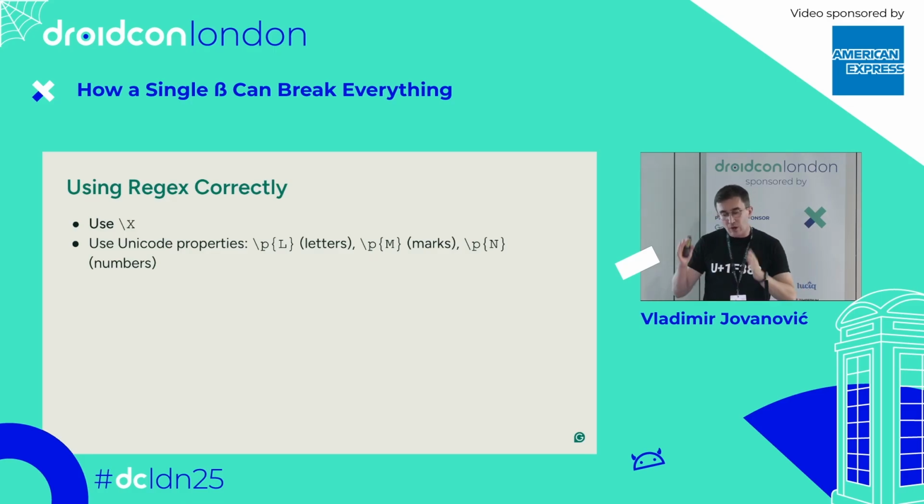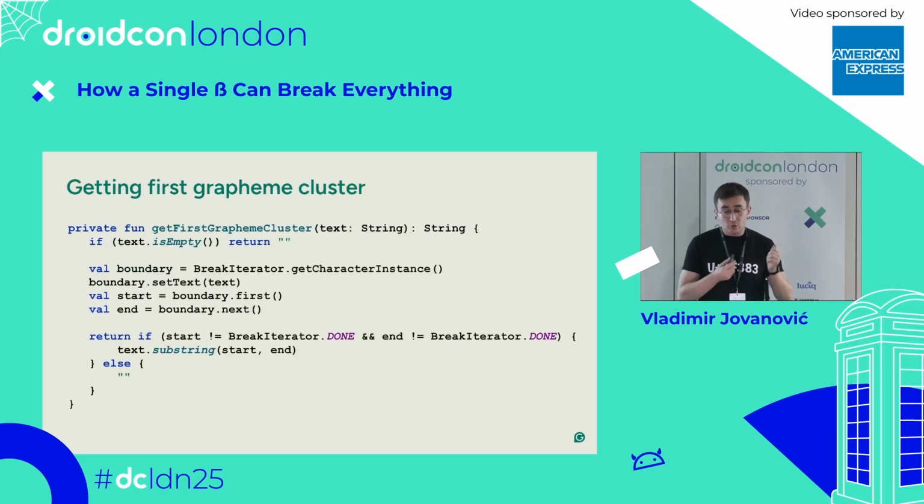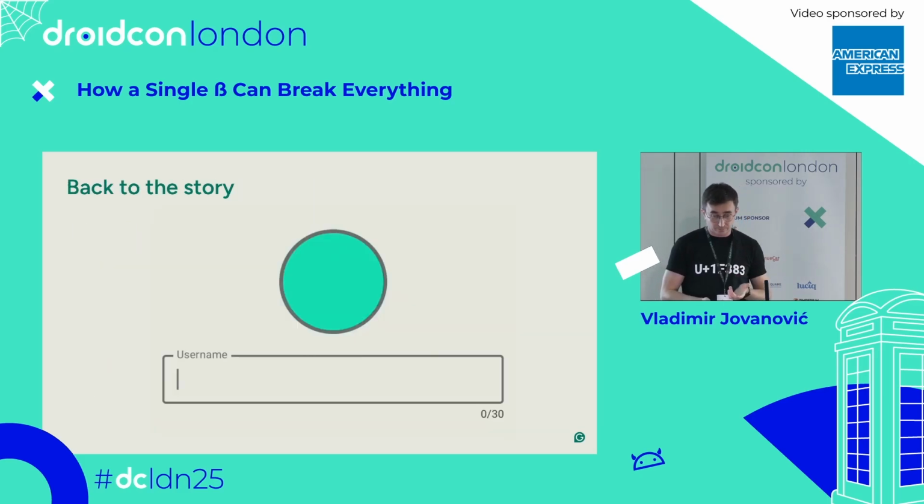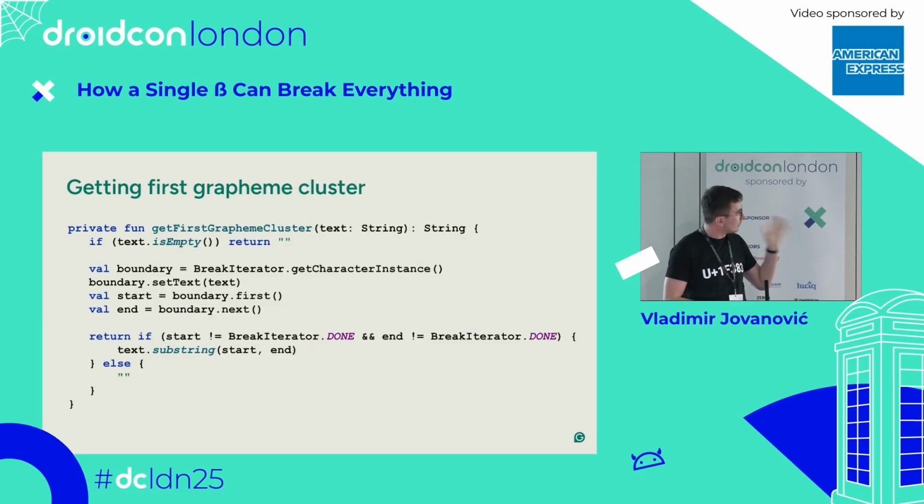So now that we know how to count grapheme clusters and can fix our counter, let's fix the initials as well. To fix the profile image, we need to fetch not the first character of a word, but the first grapheme cluster. This can also be done using BreakIterator. So, like this. It's also pretty simple.